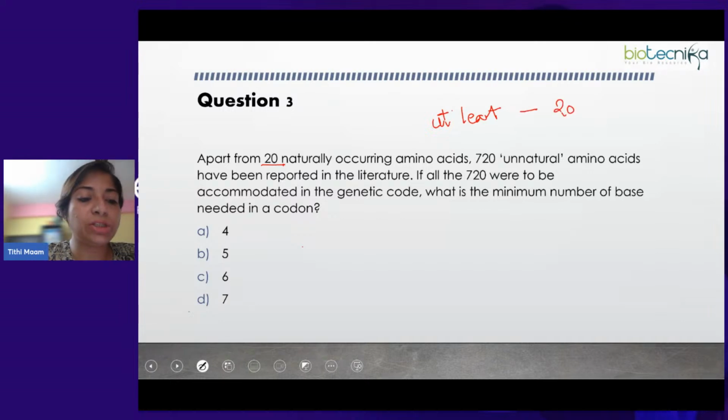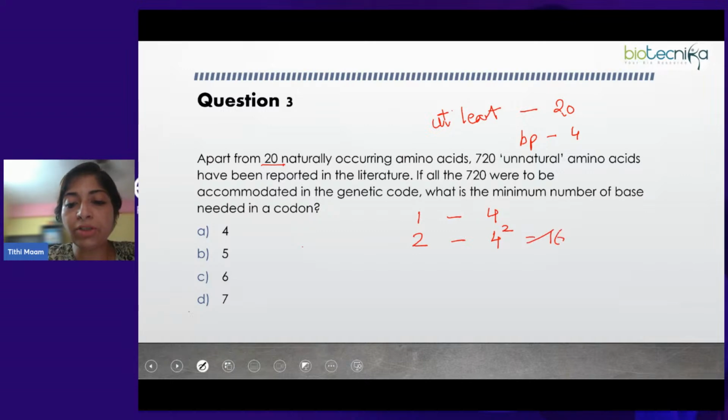There are only four different bases. If they come alone, only one base, then a maximum of four combinations can be there, which is less than 20, not possible. If they come in a group of two, then 4 to the power 2 unique combinations are possible, which will be 16, again less than 20, so it is not possible.